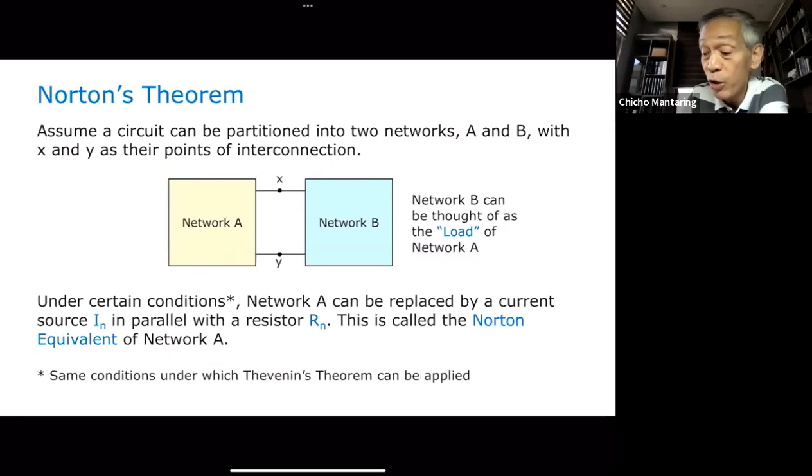This is going to be our Norton current, I_N, and R_N is going to be our Norton resistance.